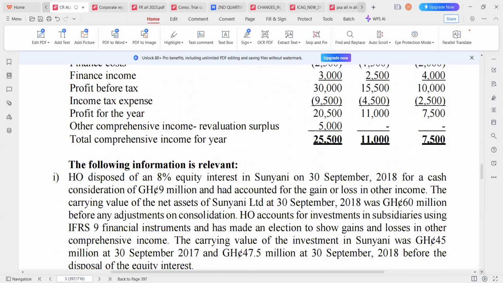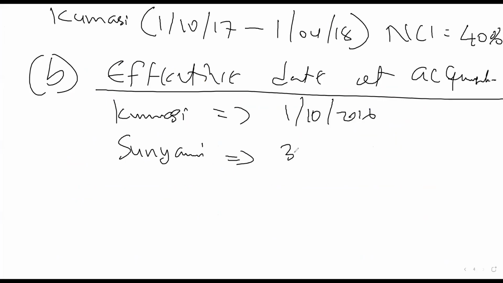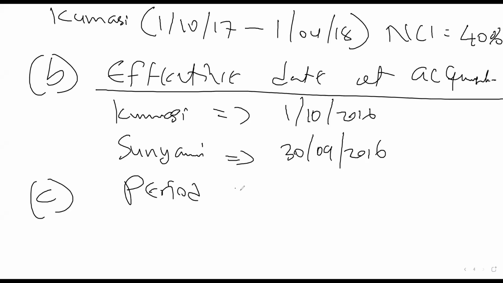Kumasi's acquisition occurred 30th September 2016. So that is how you do it for us. Then you go to number C, period of consolidation.